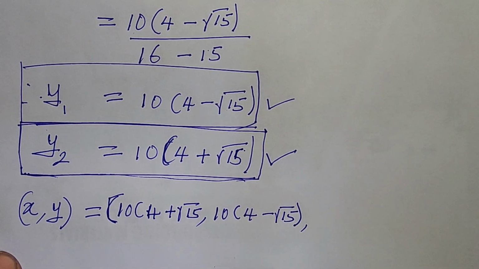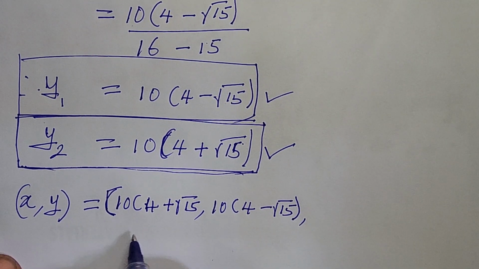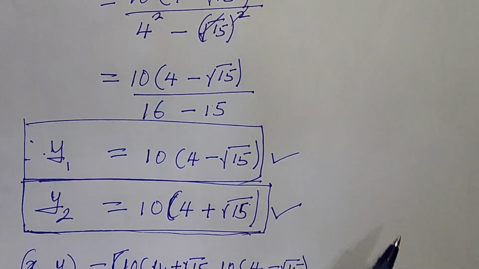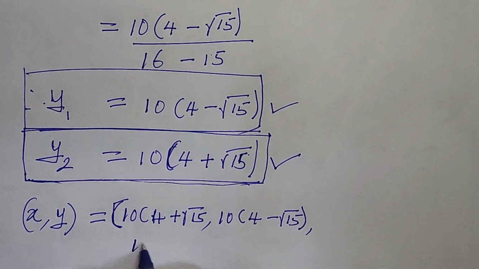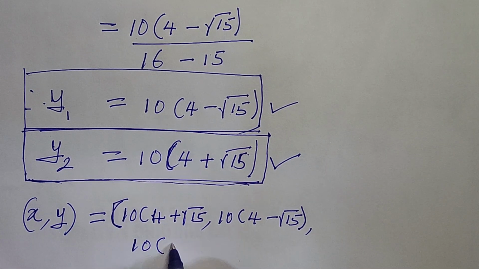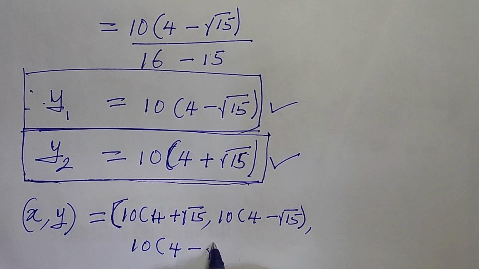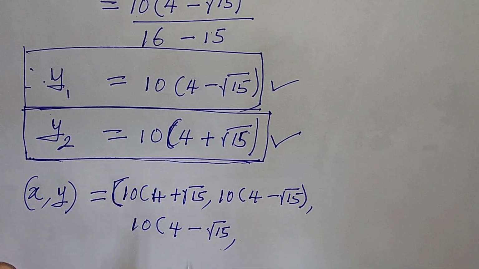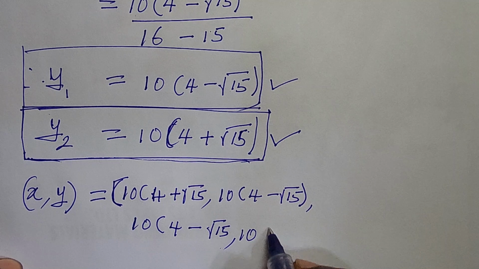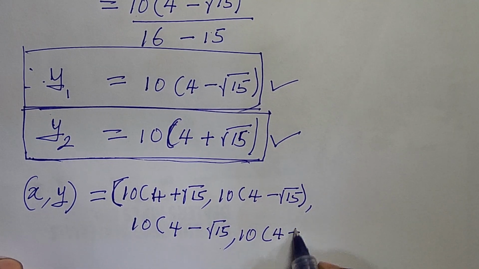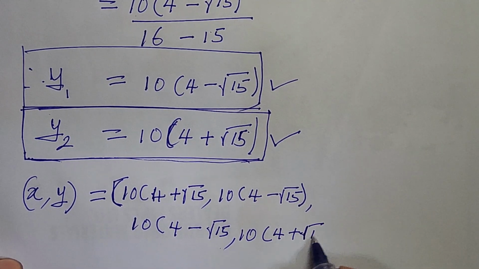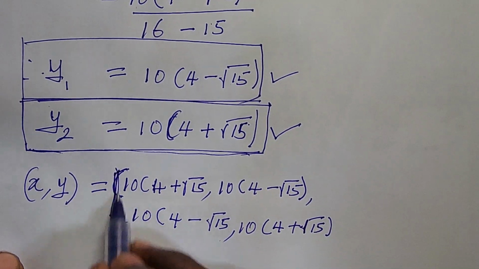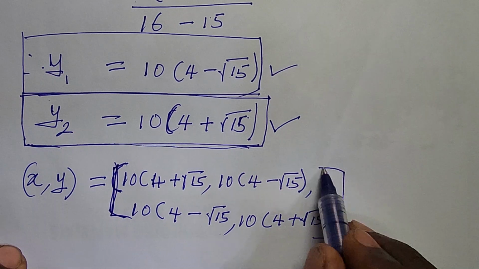Okay, then comma, the other one we have it to be our x2. Look at our x2. So what is our x2? Our x2 is 10 bracket 4 minus the square root of 15, right? A comma, we have our y2 is 10 bracket open 4 plus the square root of 15, close bracket. So let's put in our square bracket to cover everything here and this here.